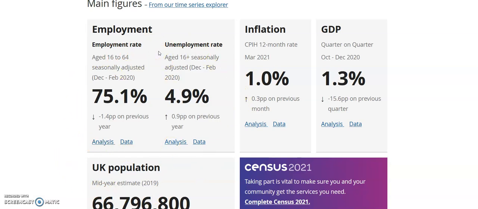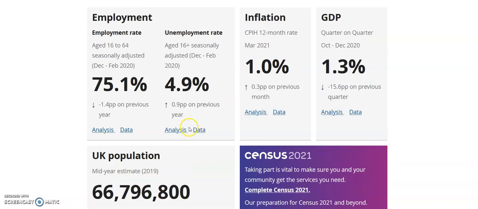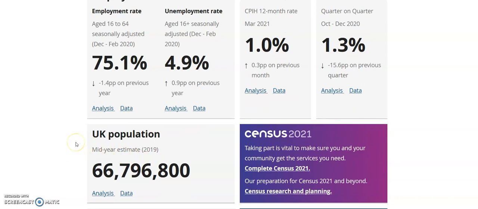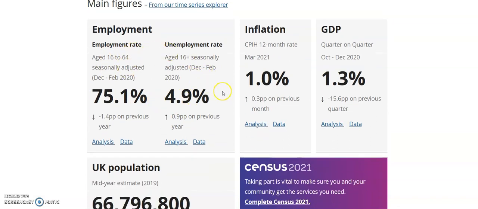You need to differentiate between the country population and the workforce in a country. For the United Kingdom, we have the population of 66,796,800.